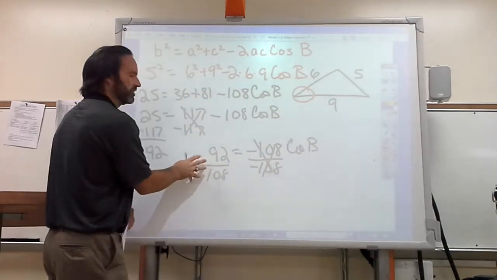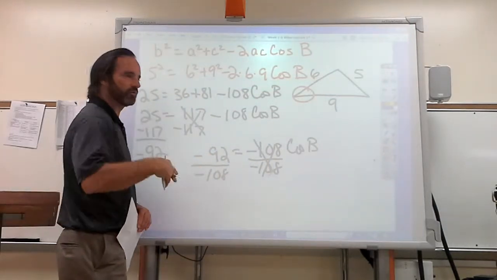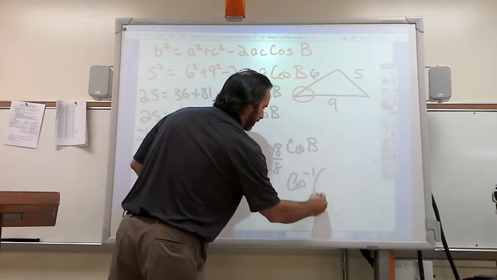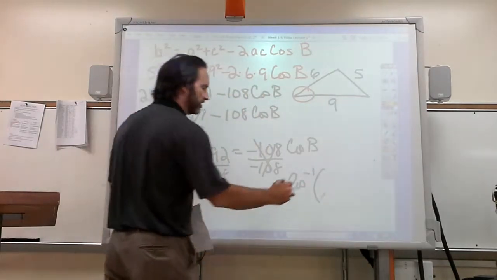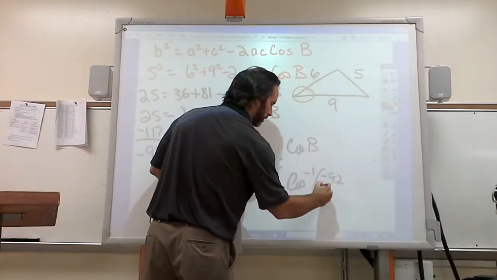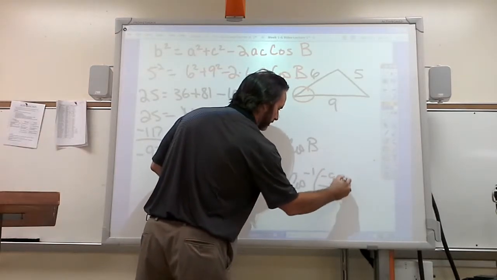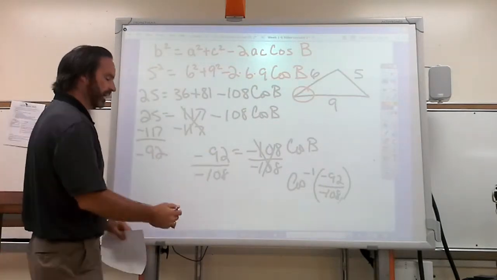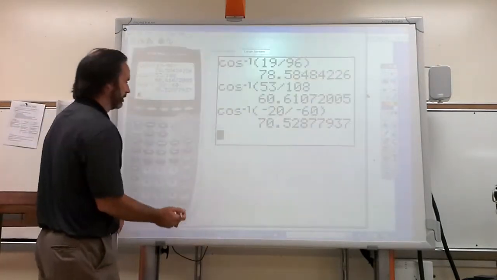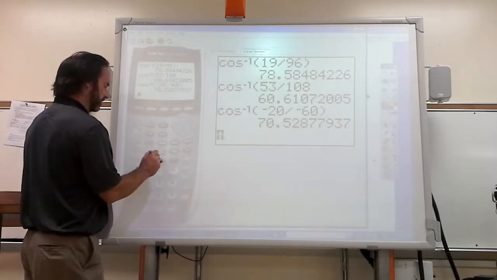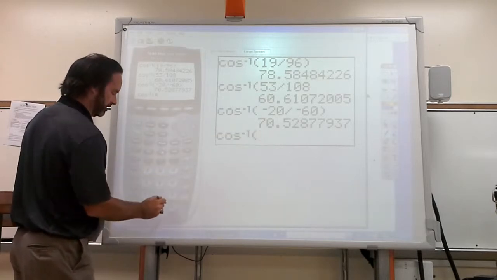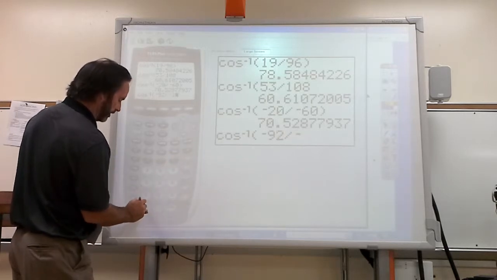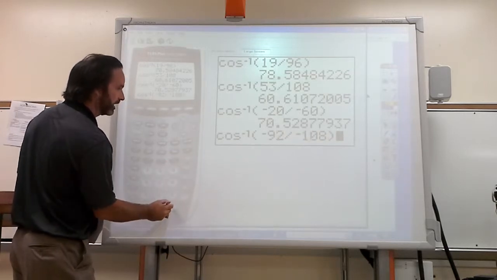Cosine b equals that. So inverse cosine of negative 92 over negative 108 will give us our angle, and that's obviously going to be a positive, since negative over negative is a positive. So second cosine, inverse cosine, negative 92 divided by negative 108, enter.